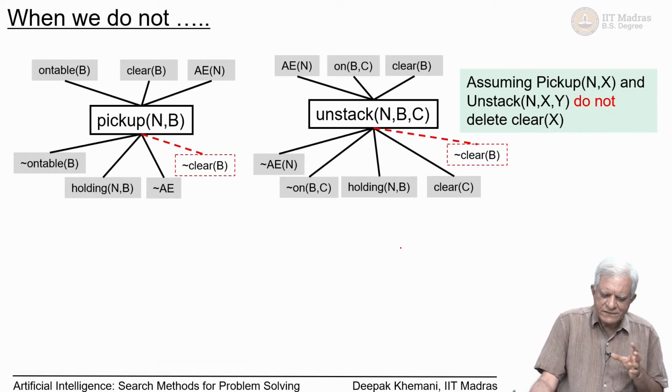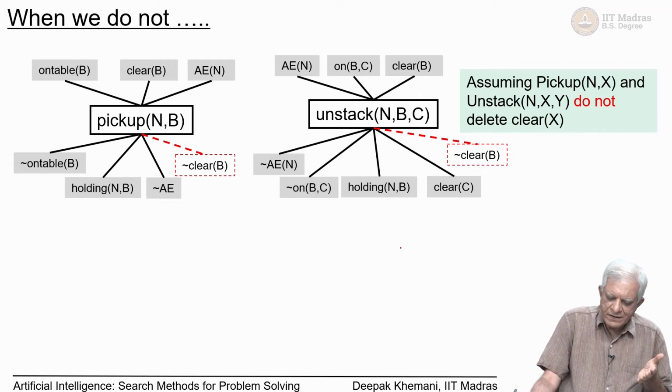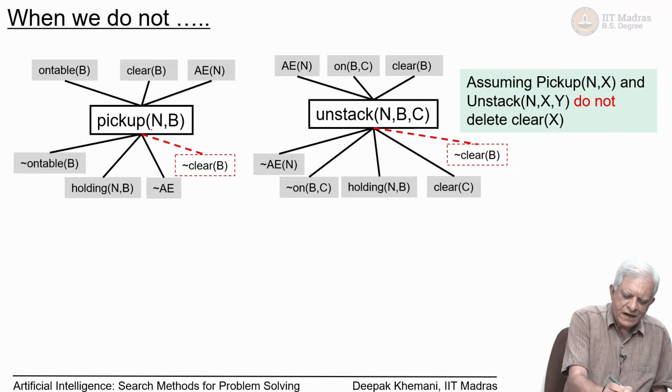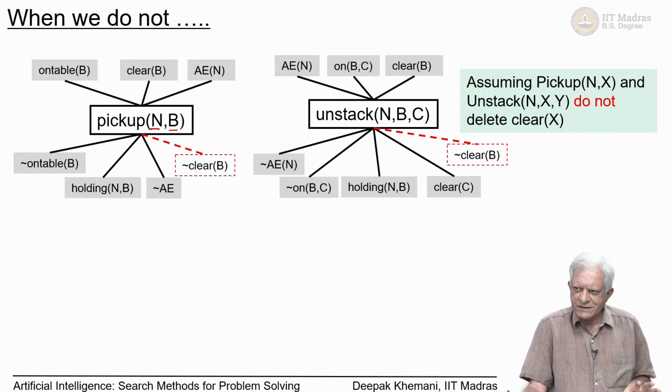Now, let us look at the case when we do not delete this essentially, which is what we have normally been doing. So, we say that whenever you pick up, let us say if the arm N picks up B, which means from the table, do not delete the fact that B is clear essentially.